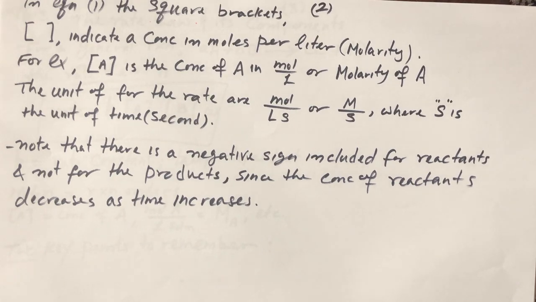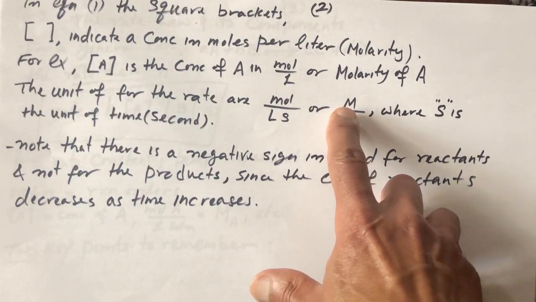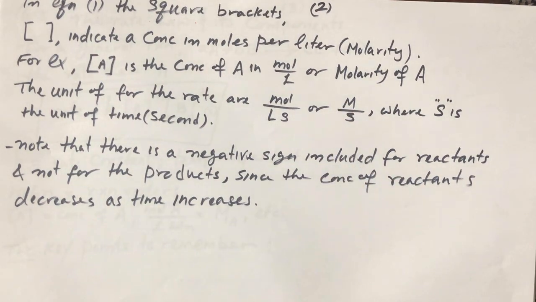The square bracket indicates a concentration in moles per liter, or molarity, and it is also important to pay attention to the unit of rate. The unit of rate is molarity over second, because it's the change in concentration, which is molarity, over the change in time, which is second. So S is second, M is molarity, or if you want to break it down in terms of moles per liter, it would be moles divided by liter times second.